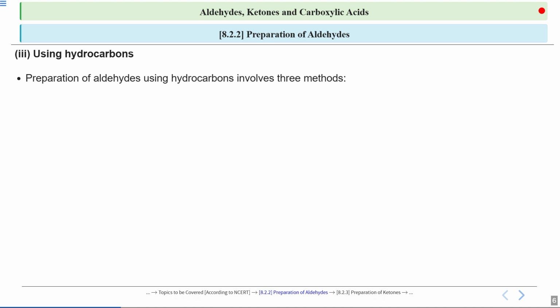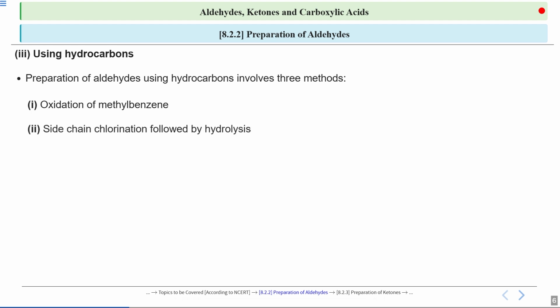First one is the oxidation of methyl benzene. Now what is another name of methyl benzene? Methyl benzene is also known as toluene. So what happens in this reaction? Toluene is oxidized to form benzaldehyde. And here we are specifically targeting the methyl group which is attached to the benzene ring.